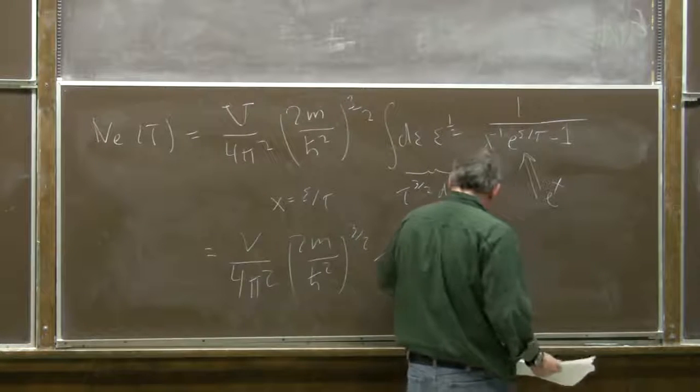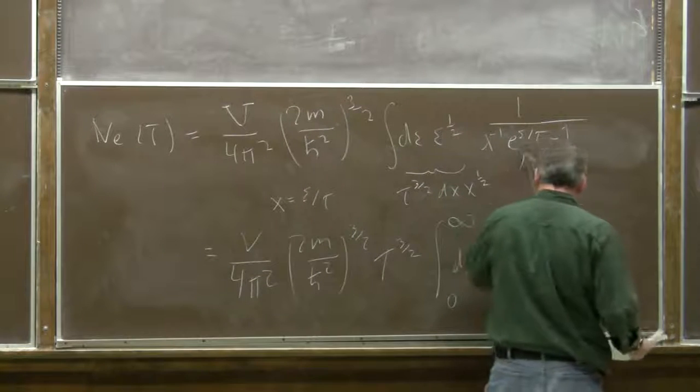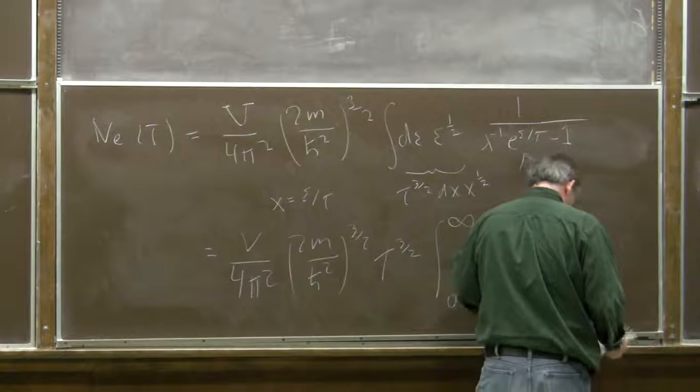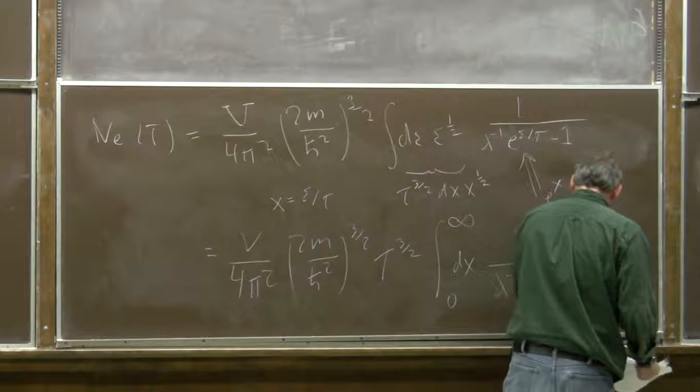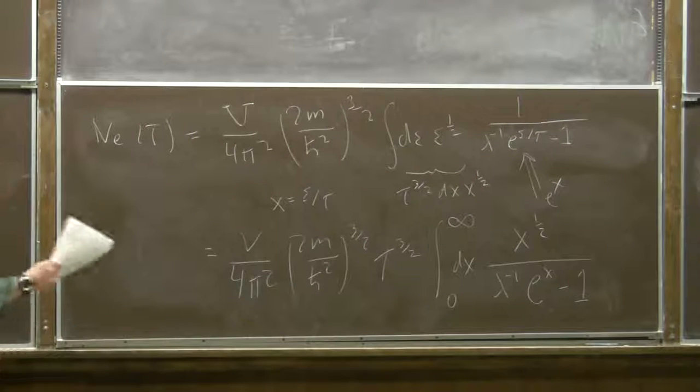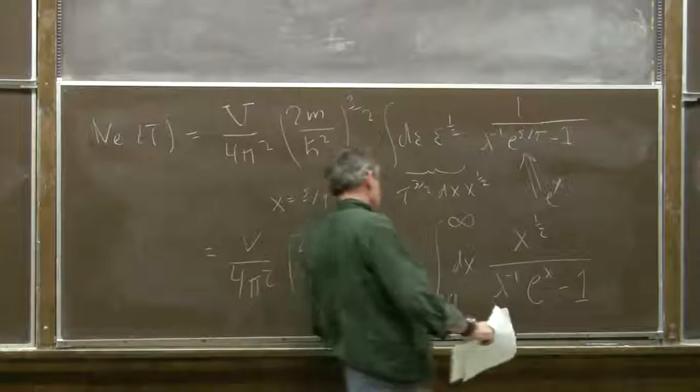We're integrating from 0 to infinity, x to the 1/2, divided by lambda inverse e to the x minus 1. So this is some dimensionless function of the activity lambda.